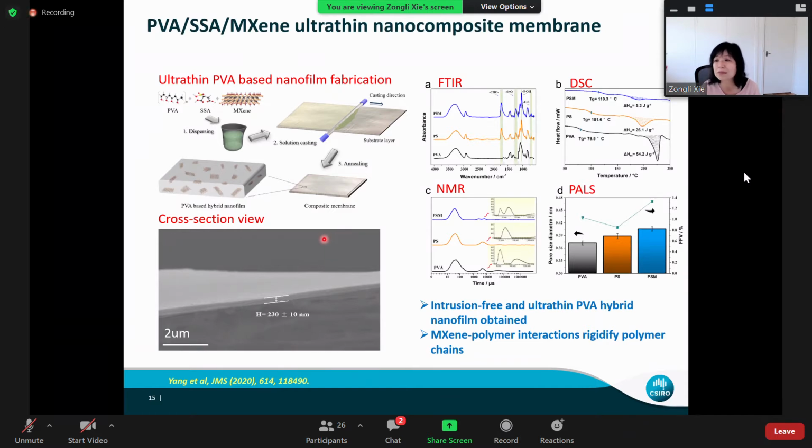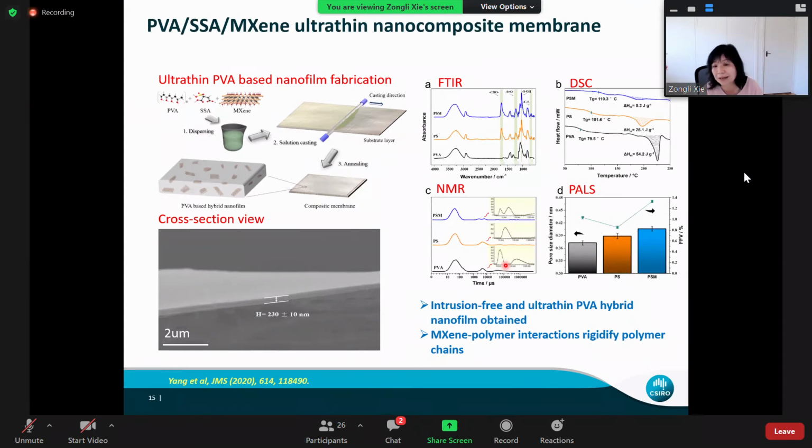We spent a lot of time exploring the various substrates and their properties, and also on how to optimize and formulate a uniform, relatively defect-free membrane. We are able to achieve a membrane down to less than 300 nanometers, and because of that, this membrane has achieved very high performance.